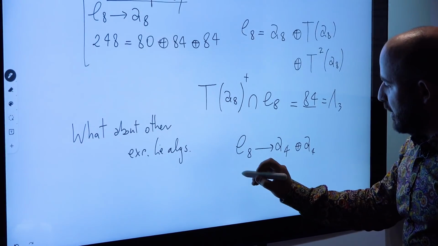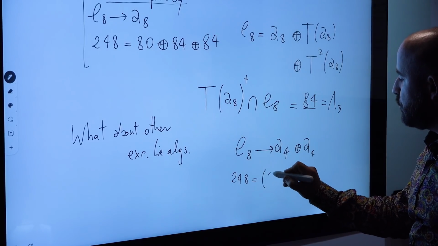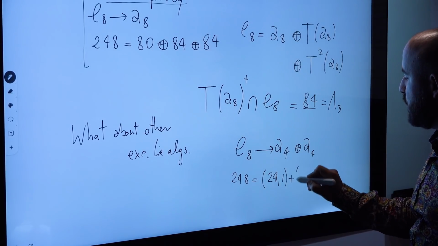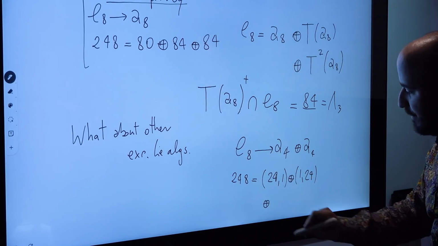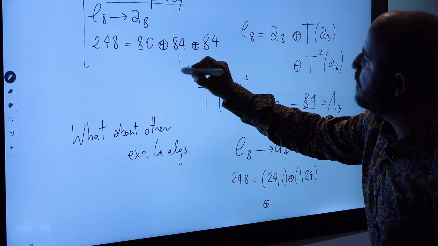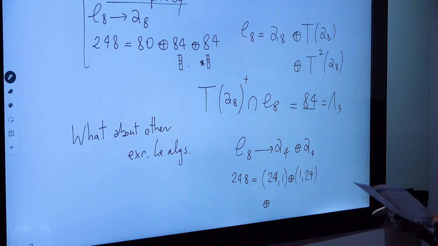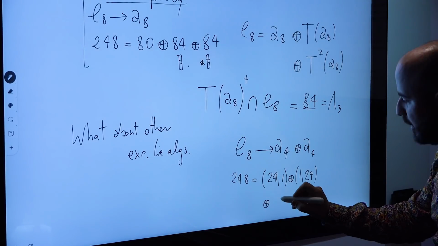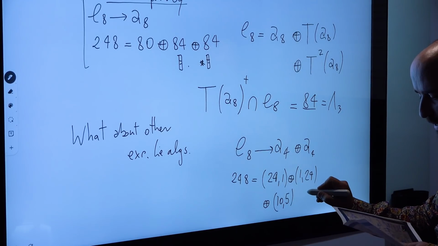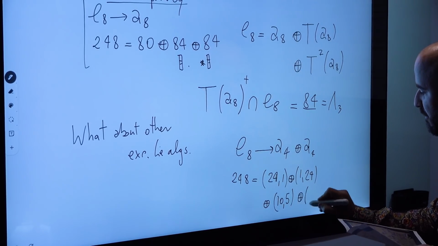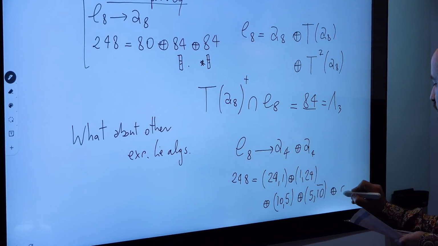The decomposition is such that the 248 decomposes into (24,1) plus (1,24). These are the two adjoints, and the other representations, which are the analog of the 3-form, and it's Poincaré dual. The other representations are exactly given by (10,5) plus (5,10 bar) plus the complex conjugate.